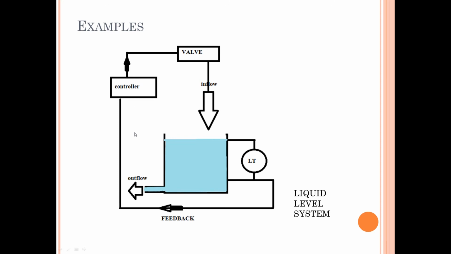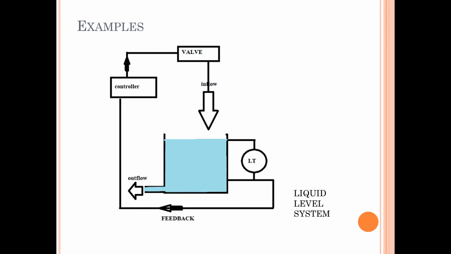When the reference input is 5 and the level transmitter is measuring 3, then the difference of 5 minus 3, that is 2, is given to the controller, and according to that the valve will keep open to increase the level of the liquid.